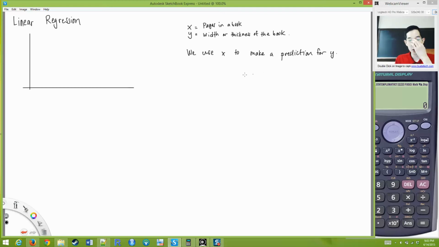Okay, so we will use the number of pages in the textbook or in the book to make a prediction for how thick the book is.